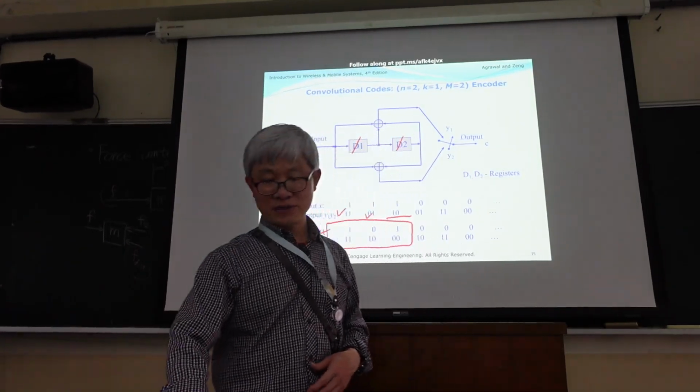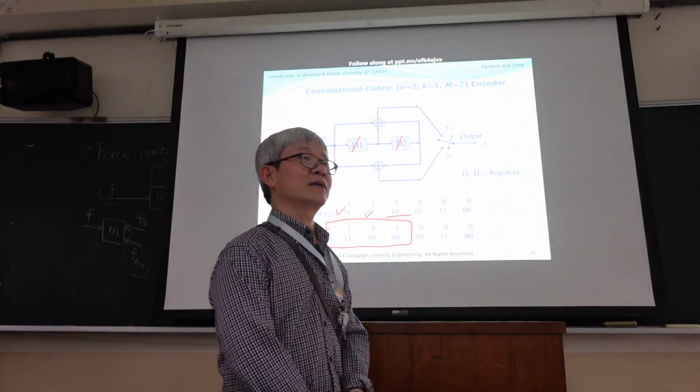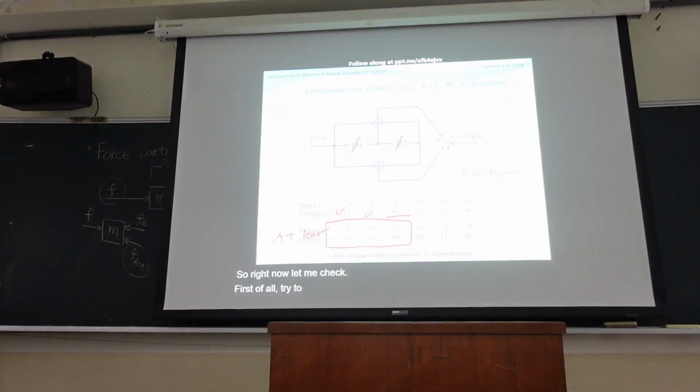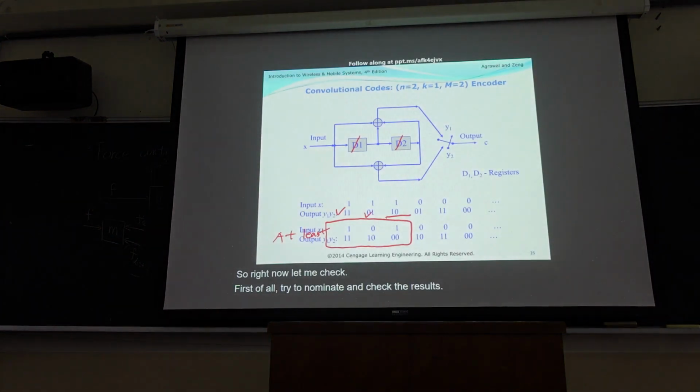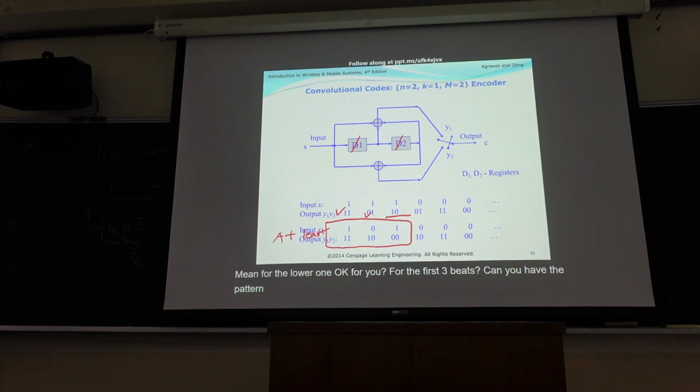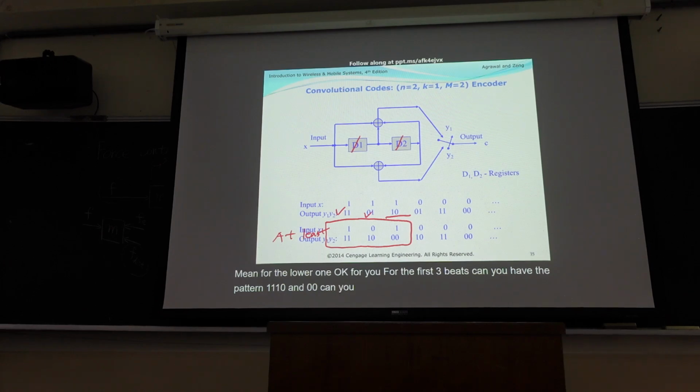First of all, let's nominate and check the results. For the lower one, okay for you? For the first 3 bits, can you have the pattern 1110 and 00? Can you have it? Yes or no? Okay for you?